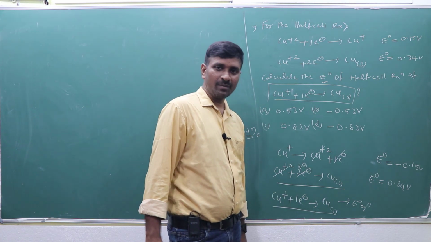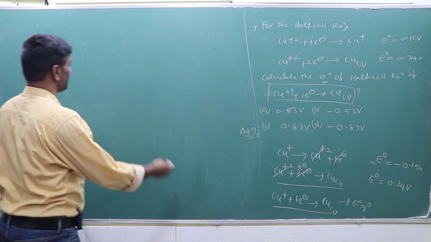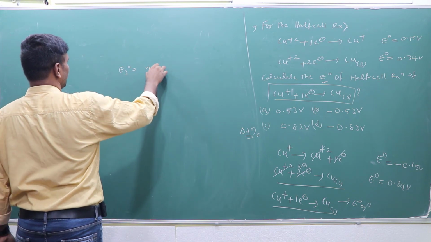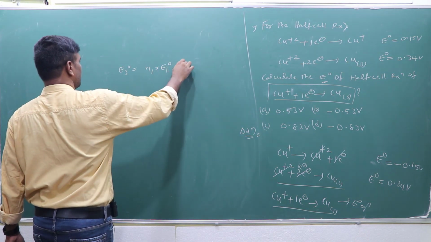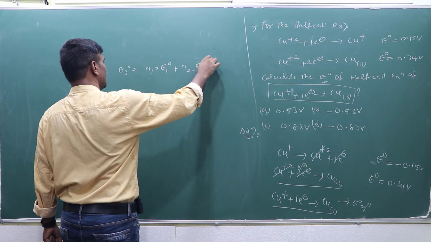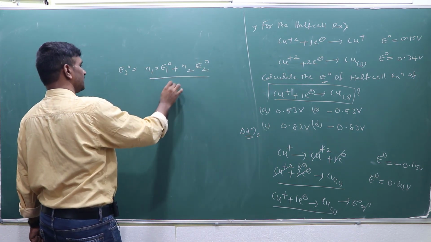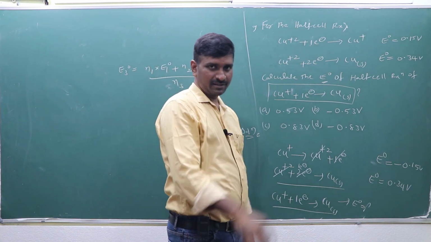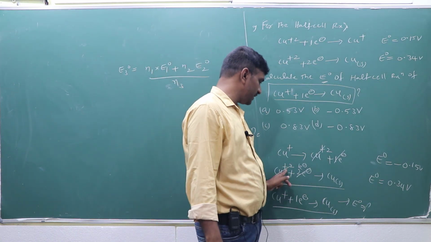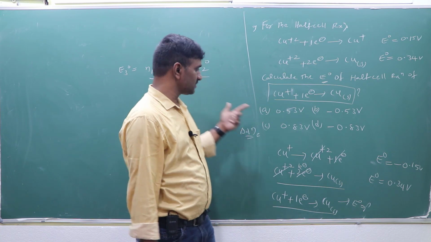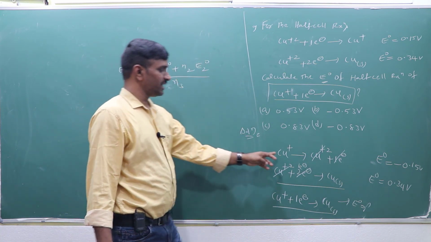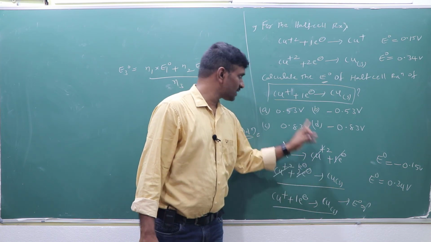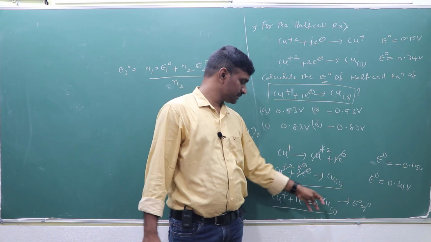Based on that, earlier I mentioned that for the calculation, E3 naught is equal to N1 into E1 naught plus N2 into E2 naught by N3. You can check this formula, I mentioned that at the very beginning, so no need to explain that. A to B is there, B to C is there, and directly A to C is Cu plus 2 to Cu.